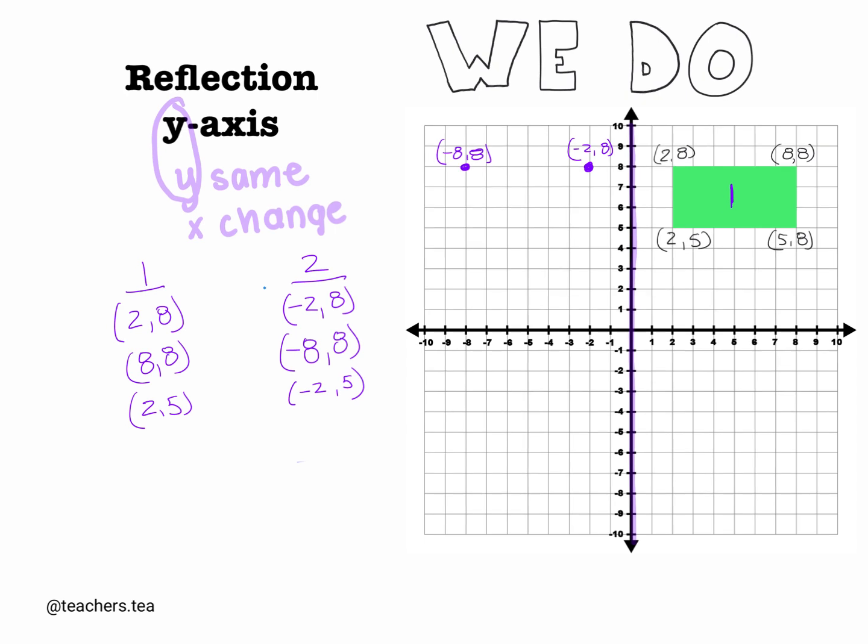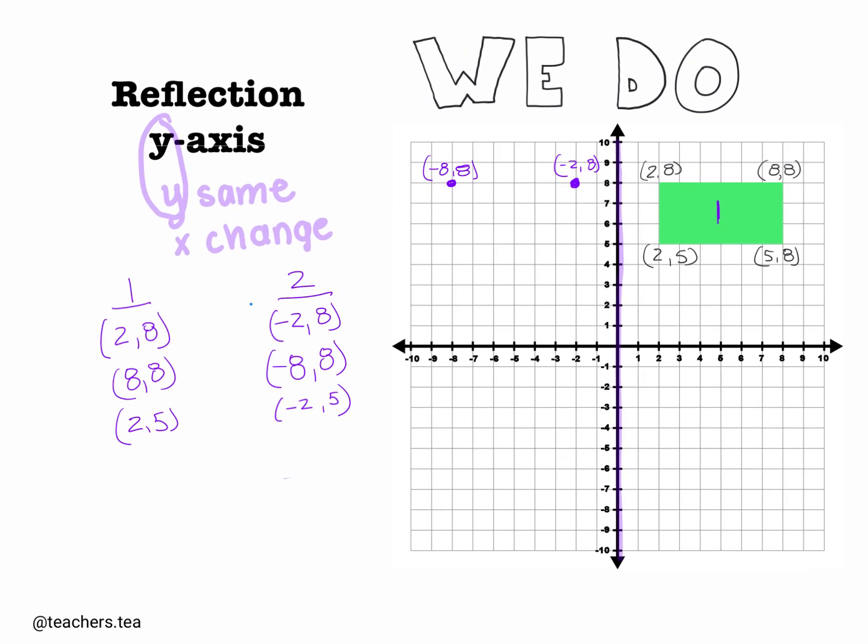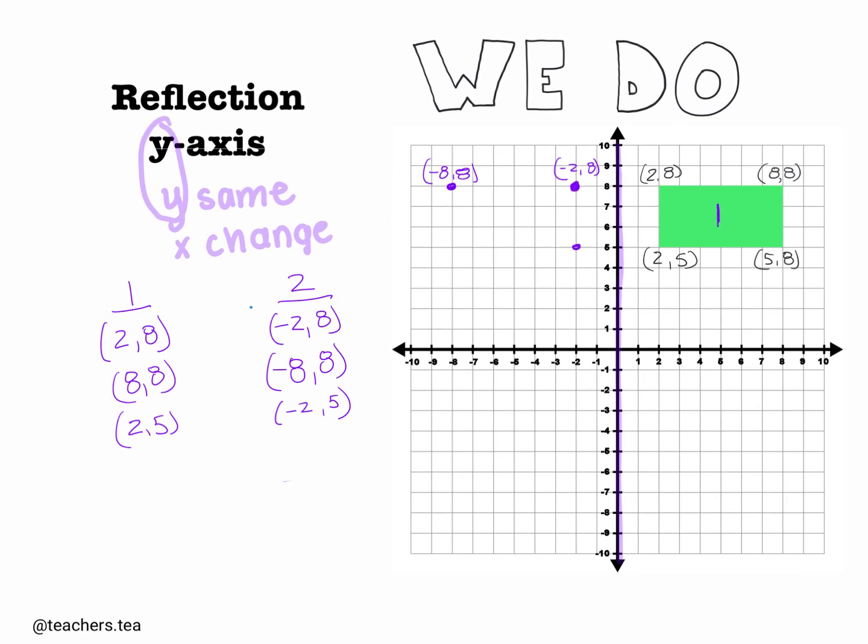So -2 and 5, oops. And then 5 and 8 is the last one. Change it to -5, 8. And we are ready to create our shape.